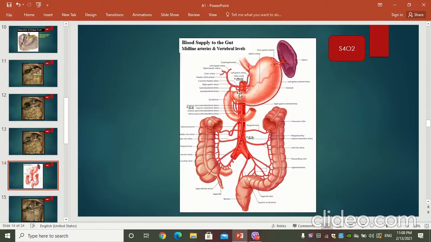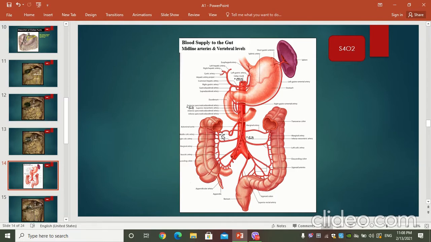The blood supply here is showing again the blood supply from the celiac artery or celiac trunk, which supplies the spleen and the stomach as well as the duodenum. This is the superior mesenteric, which supplies the other part of the GIT, and this is the inferior mesenteric artery.